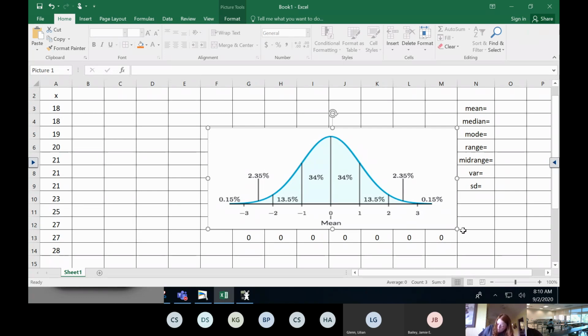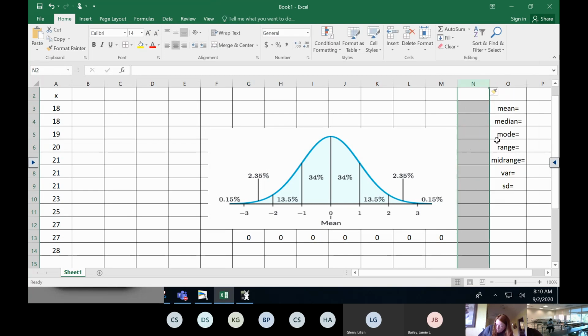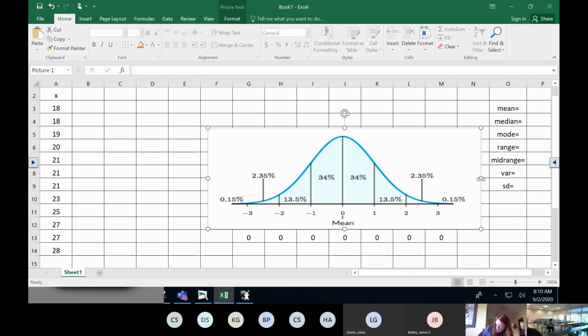Let me move this over one. Insert, there we go. Now let me move that. There. Perfect fit.